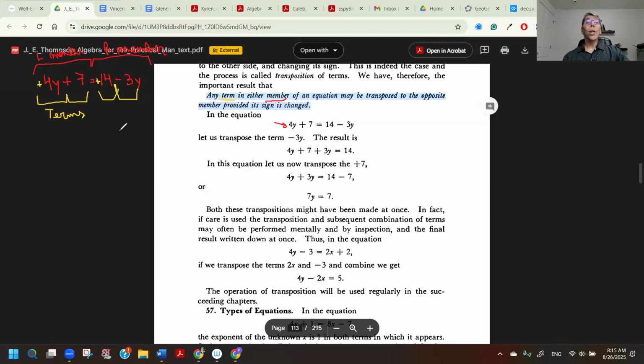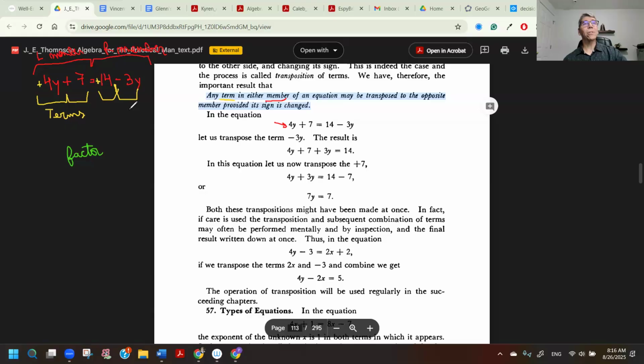Now, what other things can we have here? It's not talking here about that, but we can talk about the word factors. What is a factor? We said the members are separated by the equal sign. The terms are separated by the plus or minus sign.